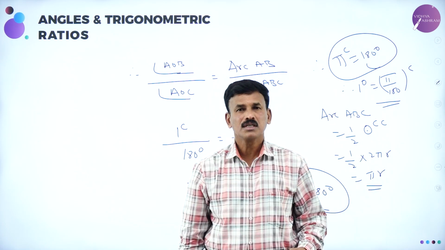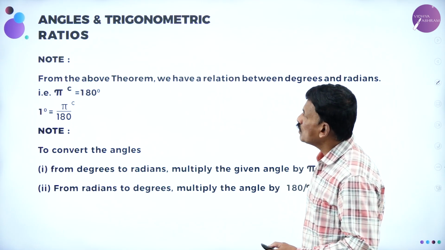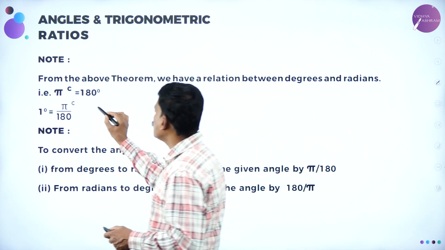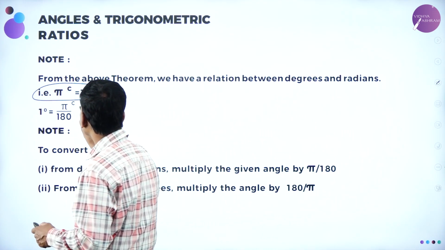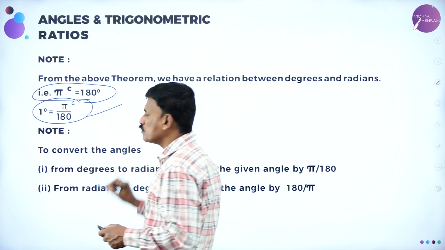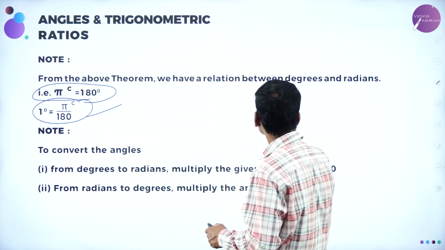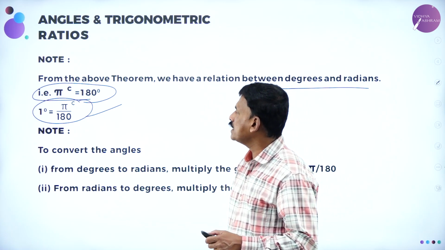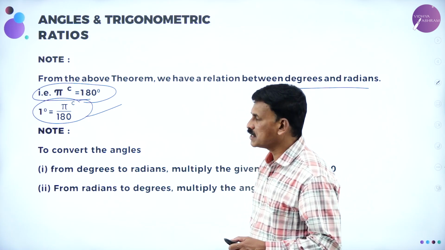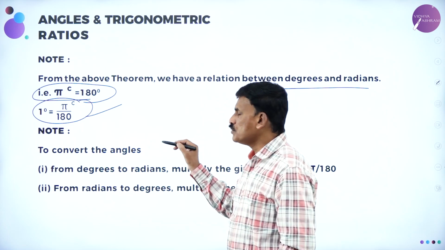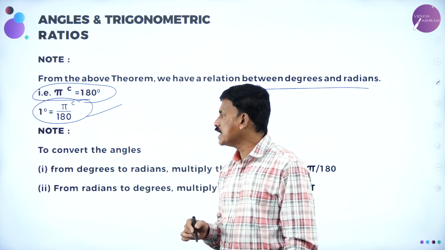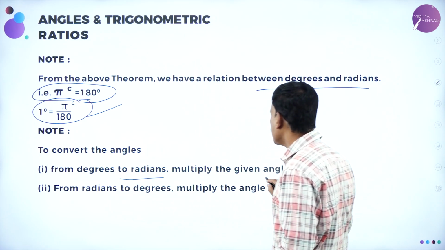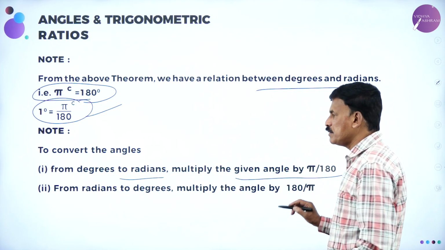Now, let's move on to a very important concept from this derivation. The conclusion: pi radians is equal to 180 degrees and 1 degree is equal to pi by 180 radians. So we can use this formula to convert radians into degrees and degrees into radians. To convert degrees to radians, multiply the given angle by pi by 180.